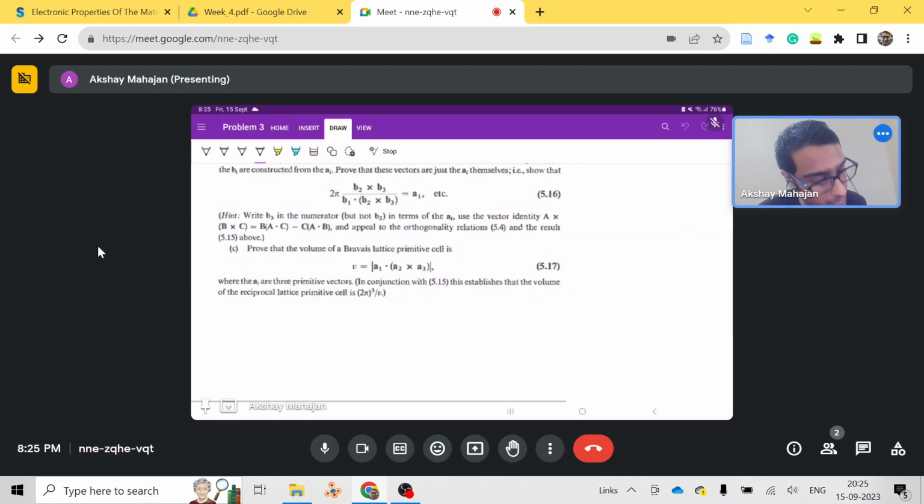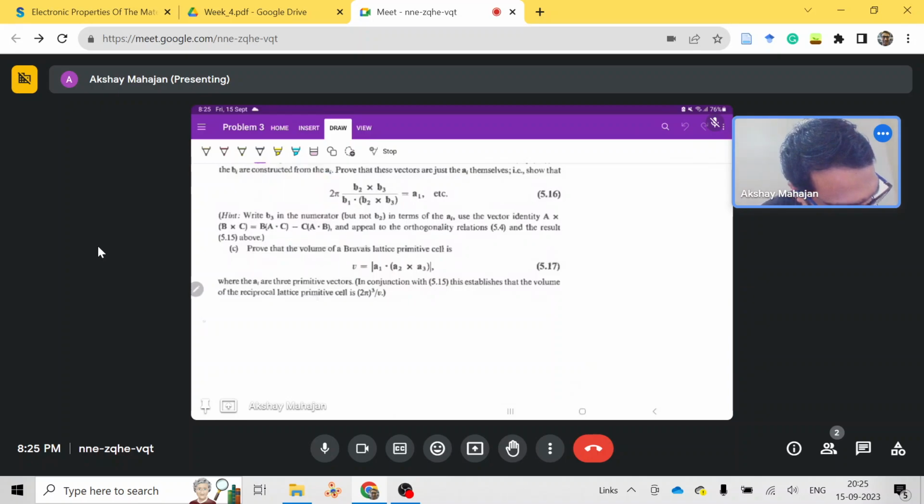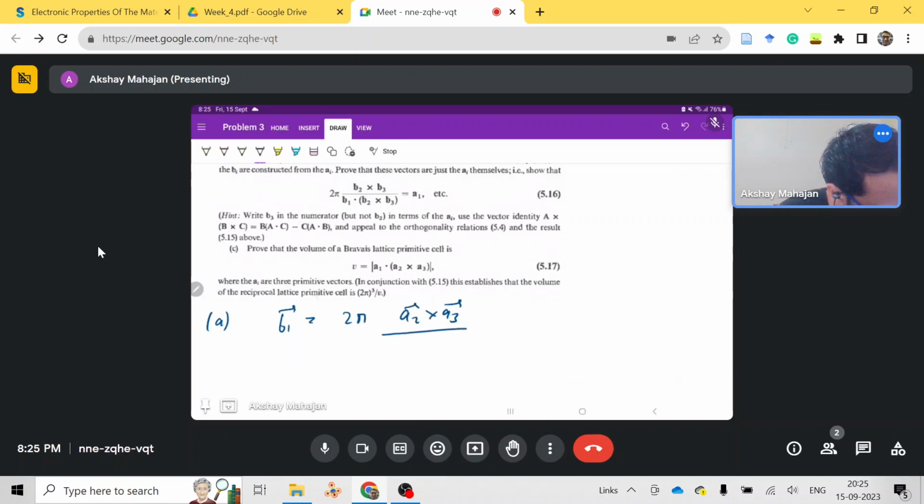Okay, let us solve part A then. For part A, first we have the b1 vector equals 2 pi times e2 vector cross e3 vector divided by e1 vector dot e2 vector cross e3 vector.